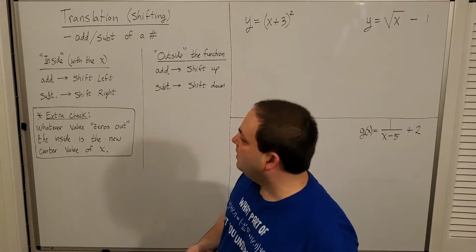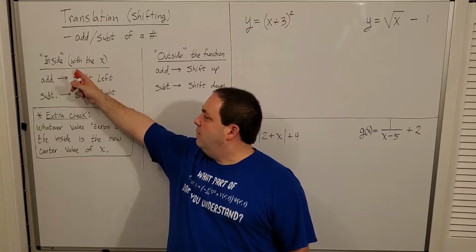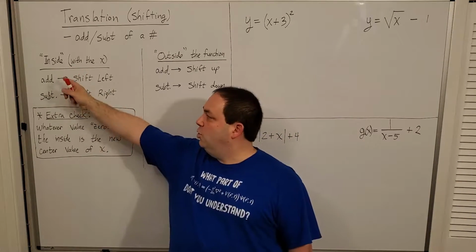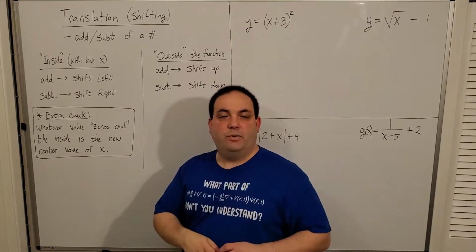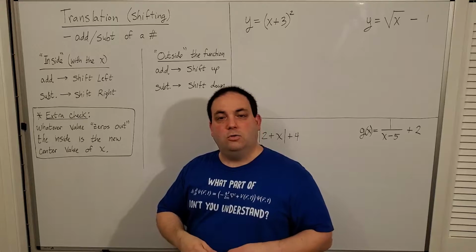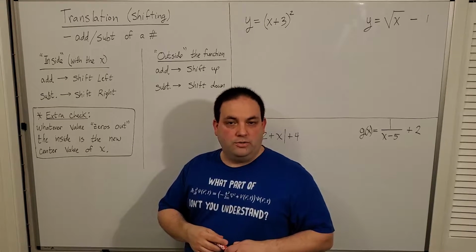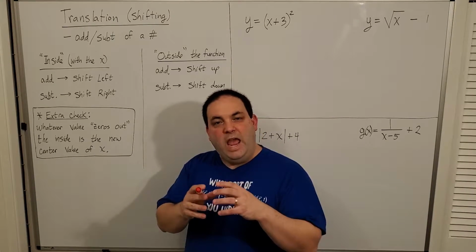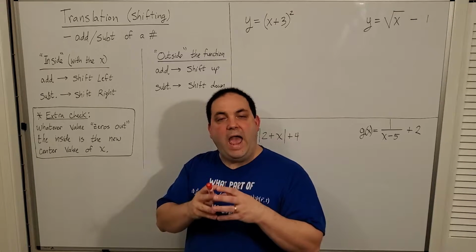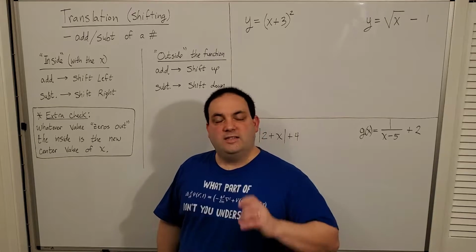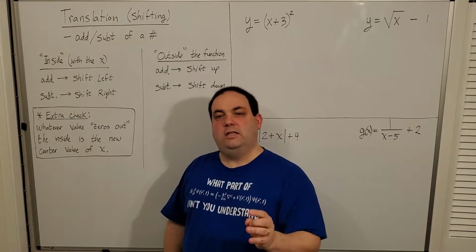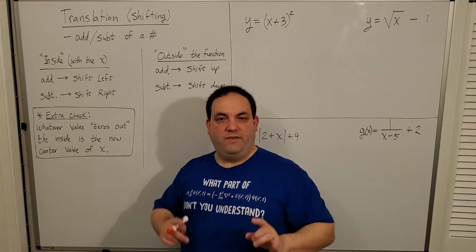If you see the number added or subtracted on the inside of the function, that would be inside of a set of parentheses, under a radical, inside of the absolute value bars, but it's inside and it's directly being added to the x variable itself. Something that affects x directly is going to have a horizontal effect.